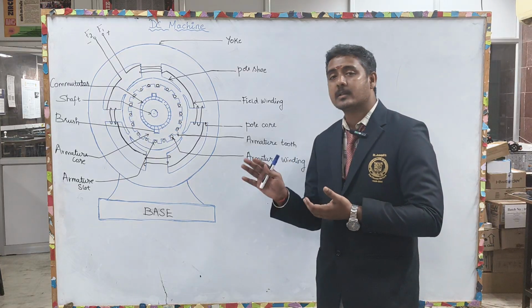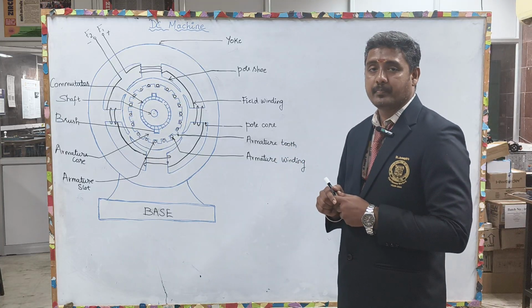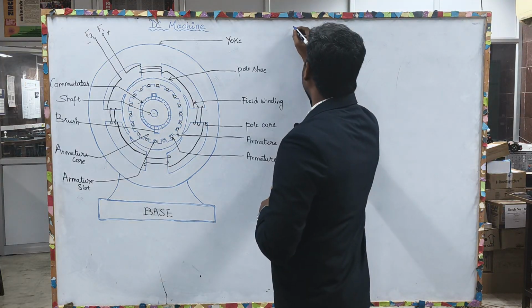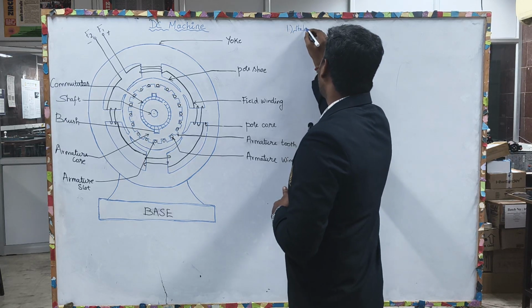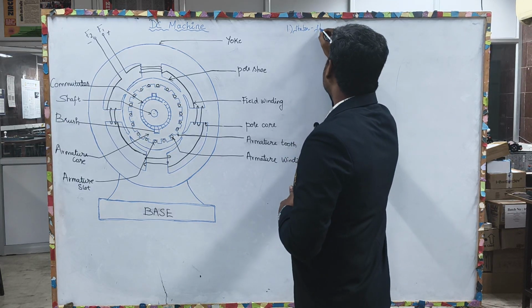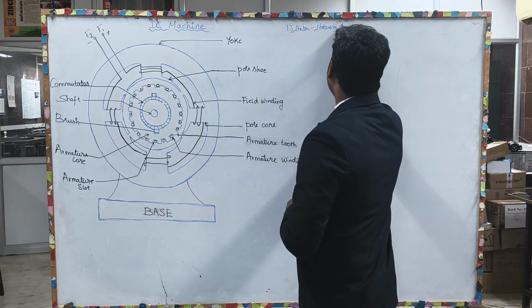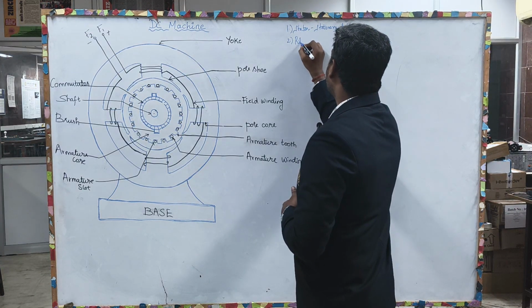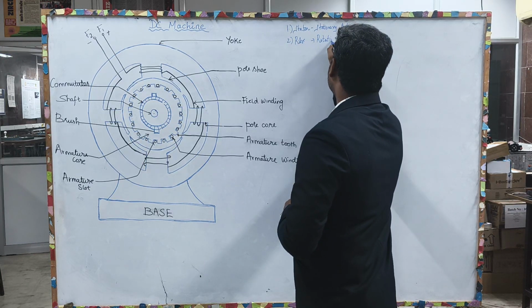And moving on to the construction of the DC machine, this DC machine will have generally two parts. One is stator, it is a stationary part, and second one is rotor, it is the rotating part.